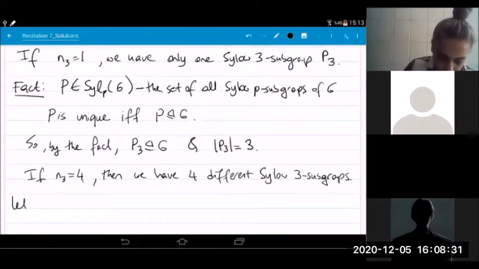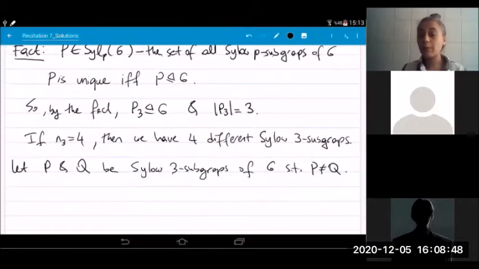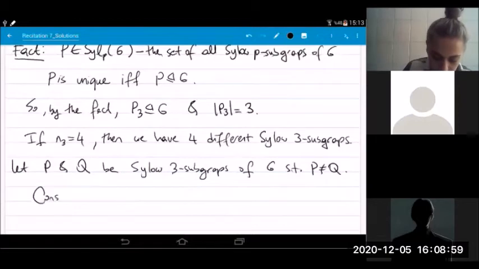Let P and Q be Sylow 3 subgroups of G such that P is different from Q. So what can you say about the intersection? Should they intersect trivially, or is there something in the intersection of these 2 subgroups? Consider. We are going to count the elements in G.